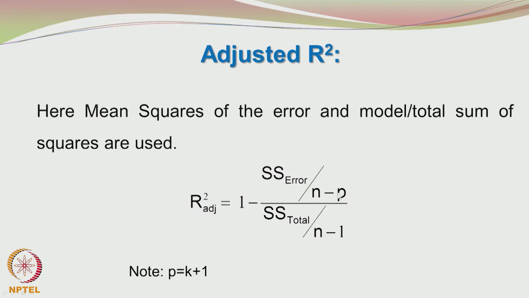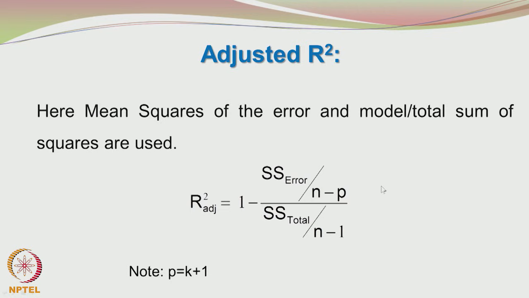When you add the additional parameter, if the sum of squares of error comes down considerably, then that would have a greater reduction than the increase caused by decrease in n minus p.